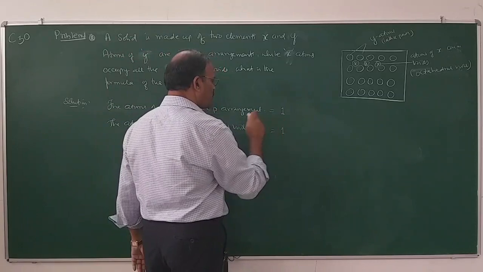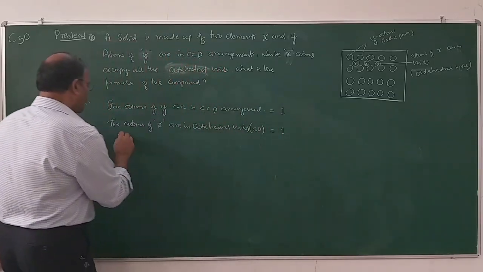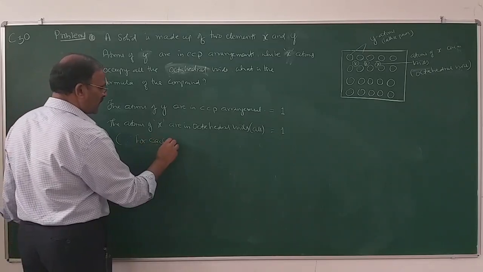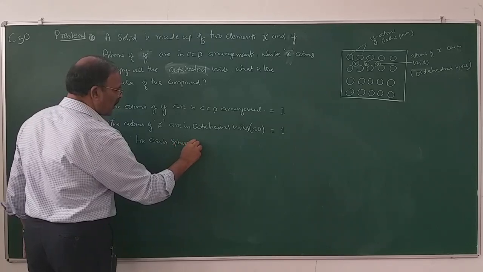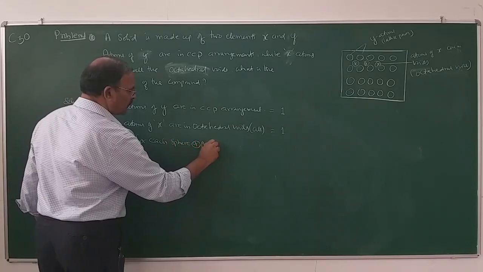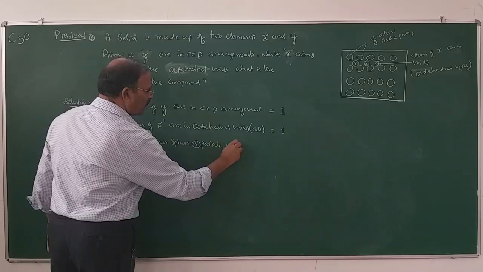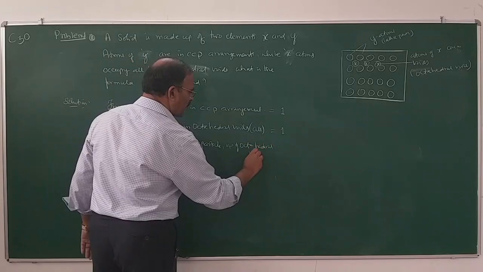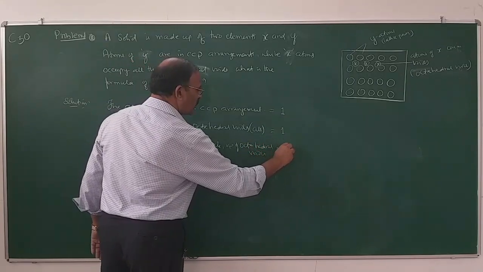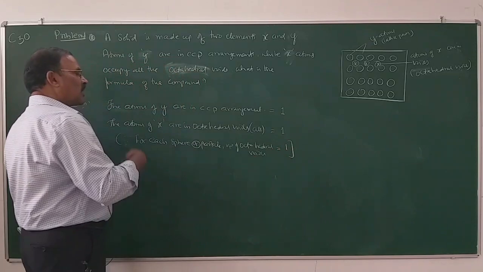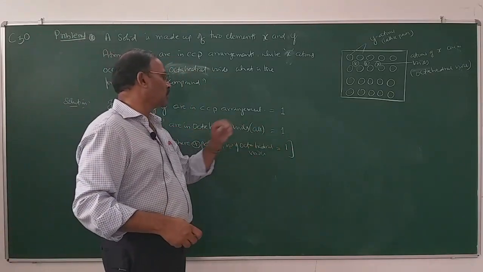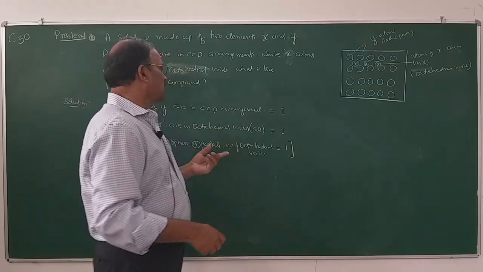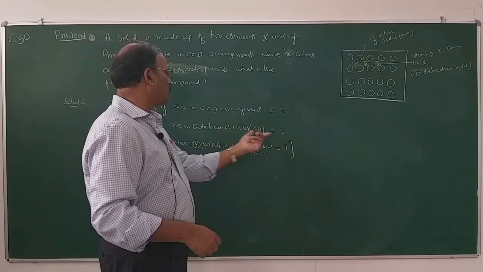They are in the ratio 1 is to 1, because for each sphere or particle, the number of octahedral voids is equal to 1. Number of tetrahedral voids is equal to 2. For every atom or every sphere or every particle, the number of octahedral voids is equal to 1.